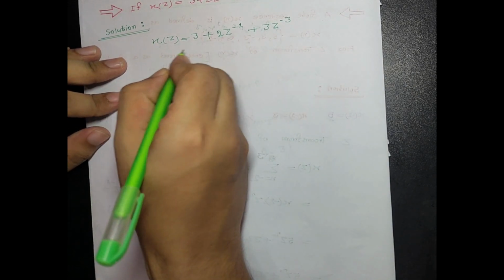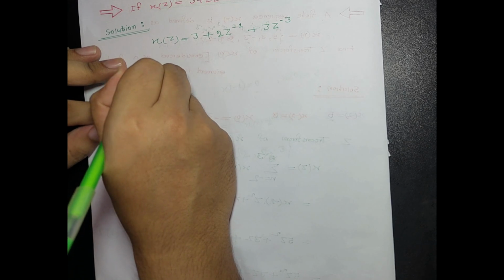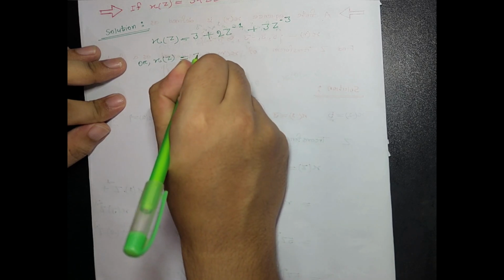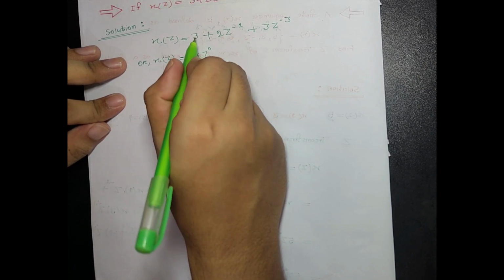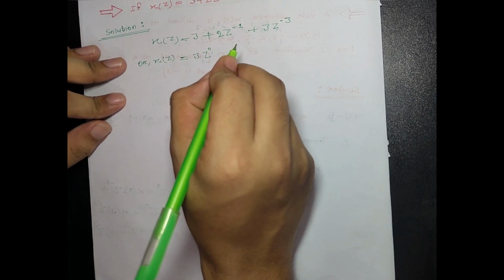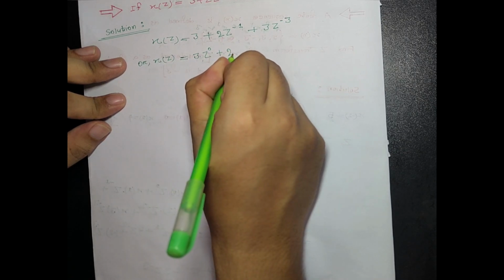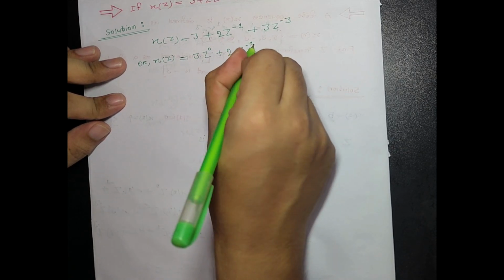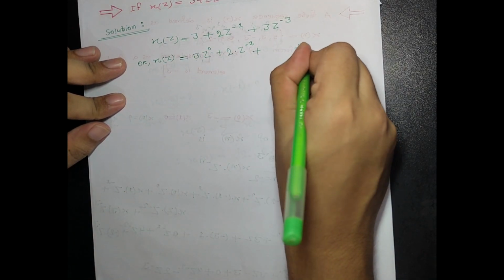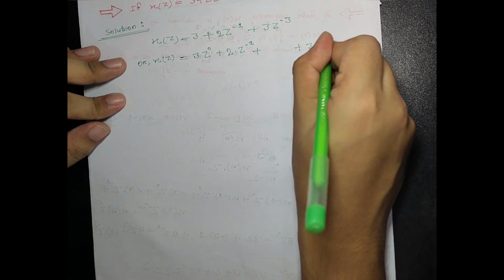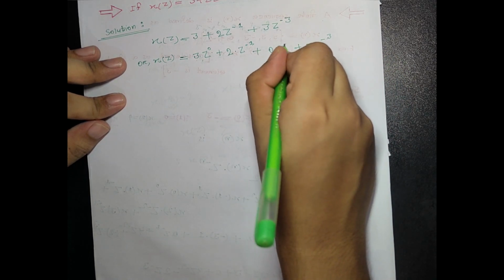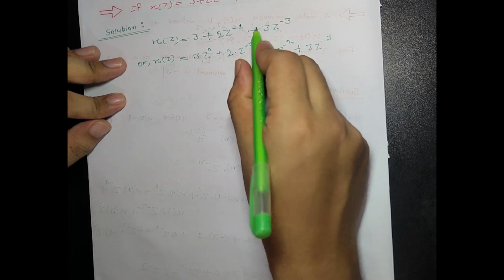Here we can write x of z equal to 3 into z to the power 0 plus 2 into z to the power minus 1 plus 0 into z to the power minus 2 plus 3 into z to the power minus 3.